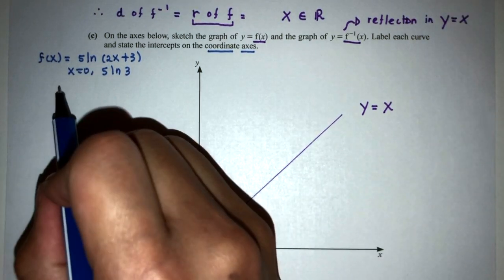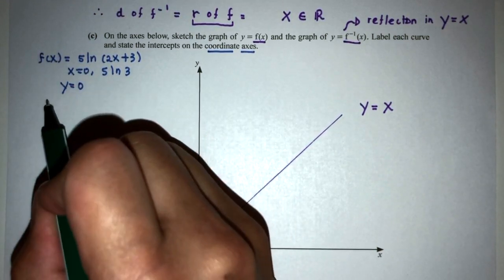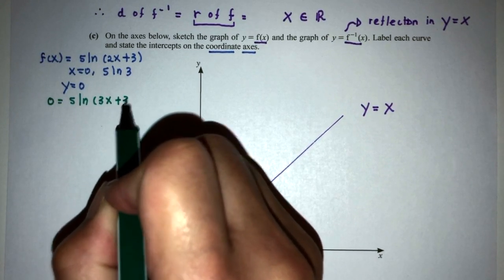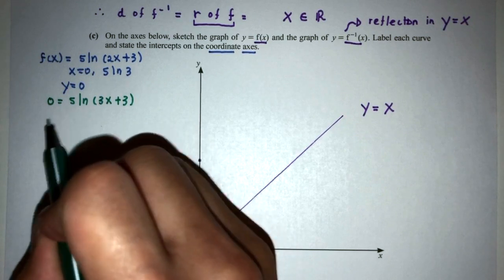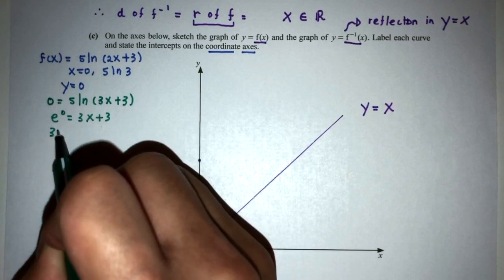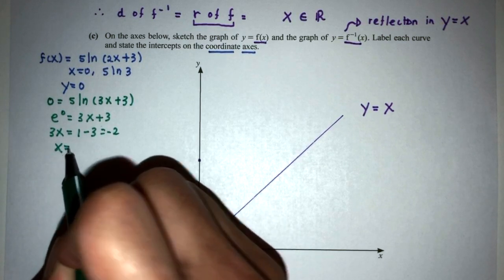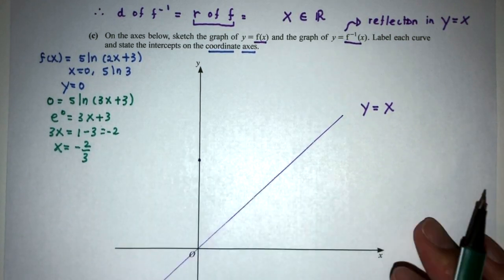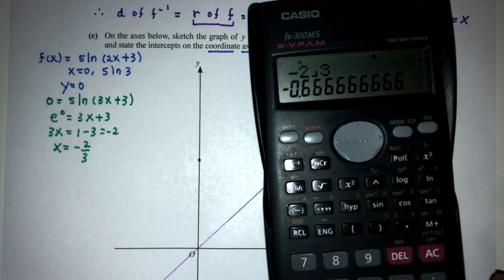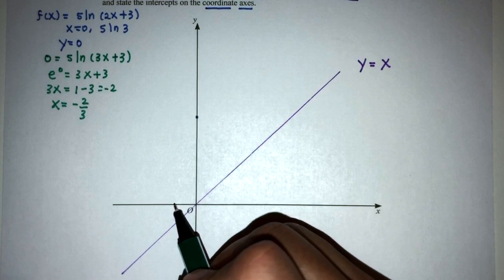And then when y equal to 0, that will be 0 equals 5 ln of 2x plus 3, so exponential 0, that will be 2x plus 3. So 2x has to be 1 minus 3, that will be minus 2, so x has to be minus 2 over 3. Minus 2 over 3 is 0.666, so somewhere over here, I would say.